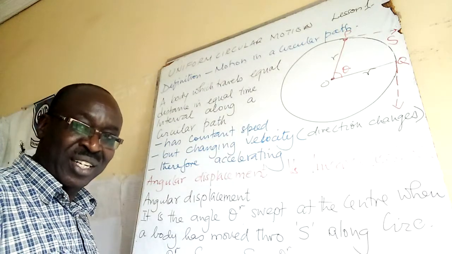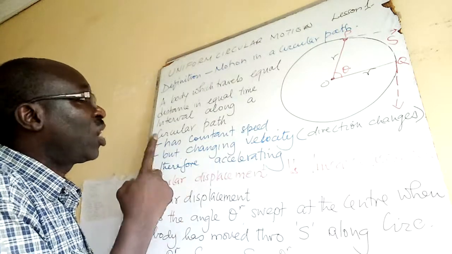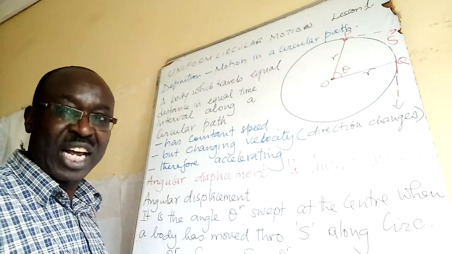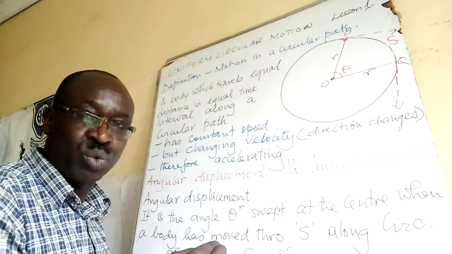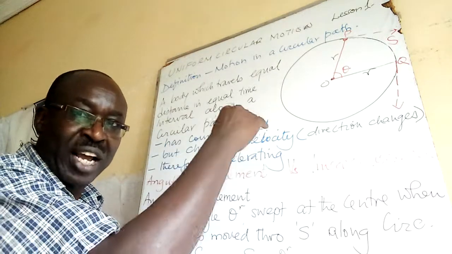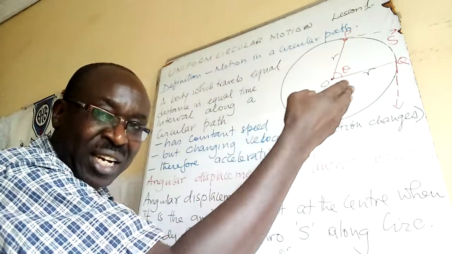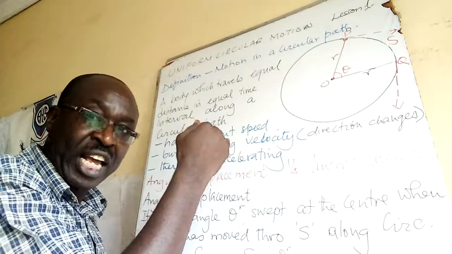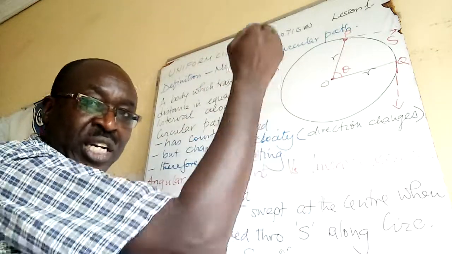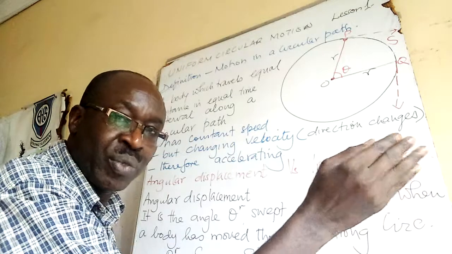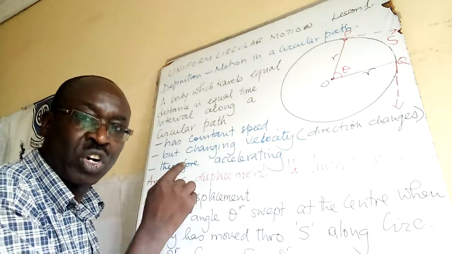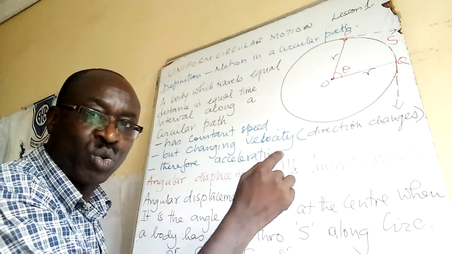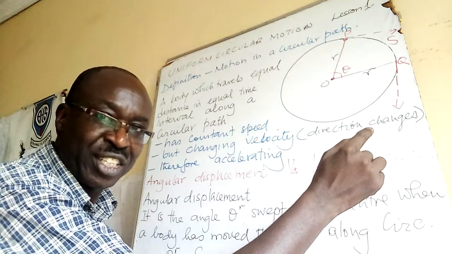Equal distance in equal time. So I've covered the first 10 in 2. So if I cover another 10 in 2, in short, 10, 2, 10, 2, 10, 2. But if you want to analyze from the beginning, you will talk of 10, 20, 30.